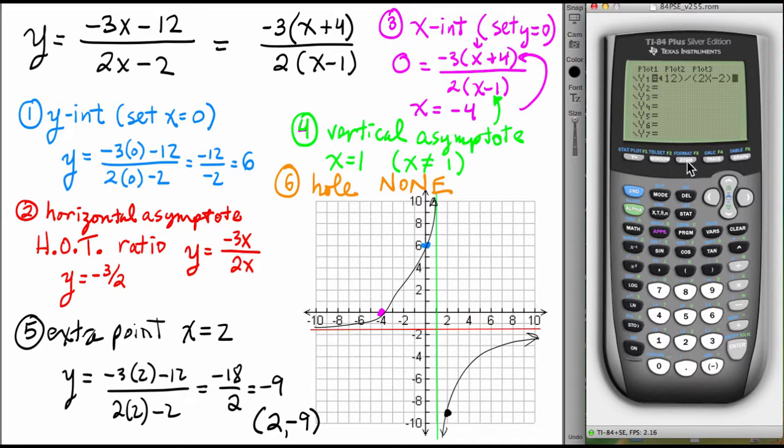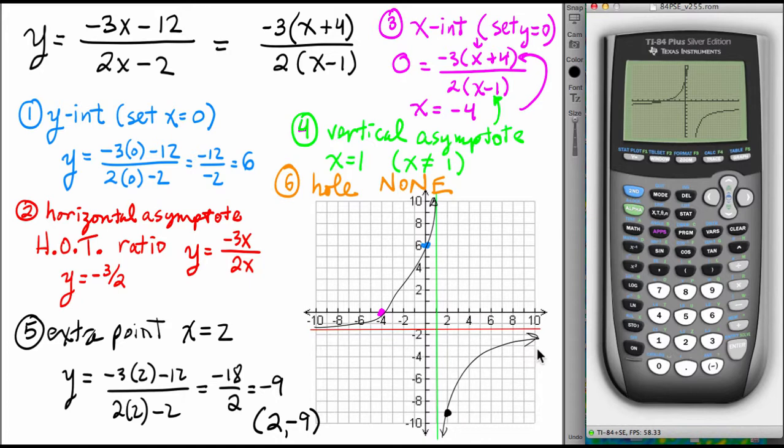To set up a nice window for viewing that matches our sketch, in other words, negative 10 to 10 on the x and negative 10 to 10 on the y, we can always choose zoom standard. That's zoom option 6. Here comes the sketch. Let's see how it matches ours.